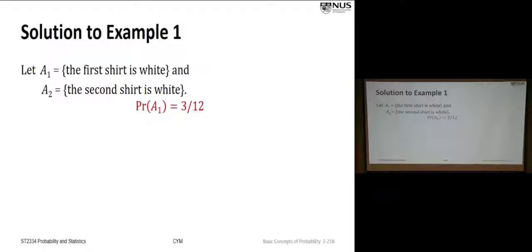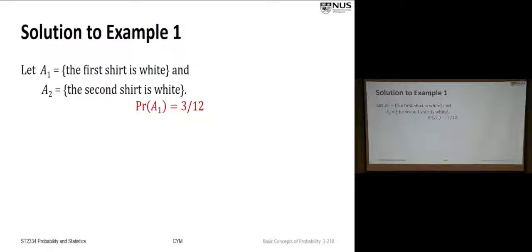So maybe it's not equally likely. All right, so here make assumption that each shirt are equally likely. So we draw it at random and we assume that they're equally likely. So we have 12 sample points, 12 shirts. And there are 3 out of these 12, 3 of them are favor to this A1. So that's why it is number of sample points, which is 3, over the total number of sample points. All right, 3 over 12.